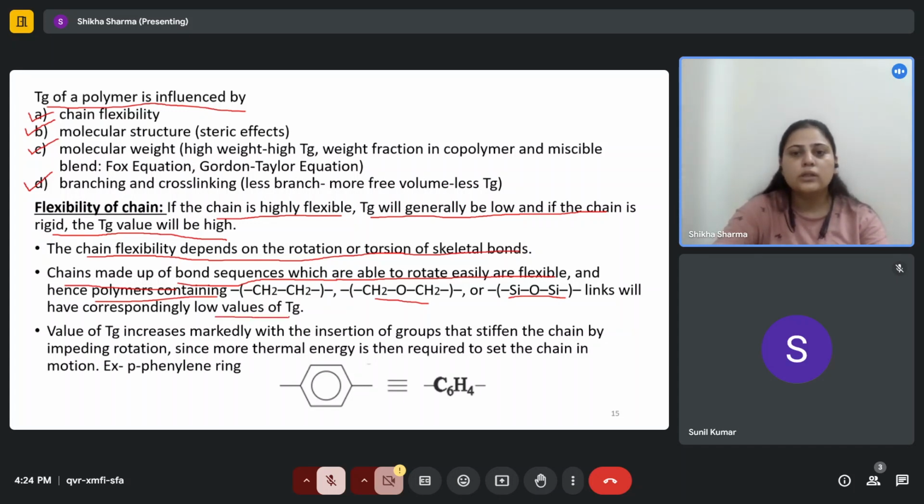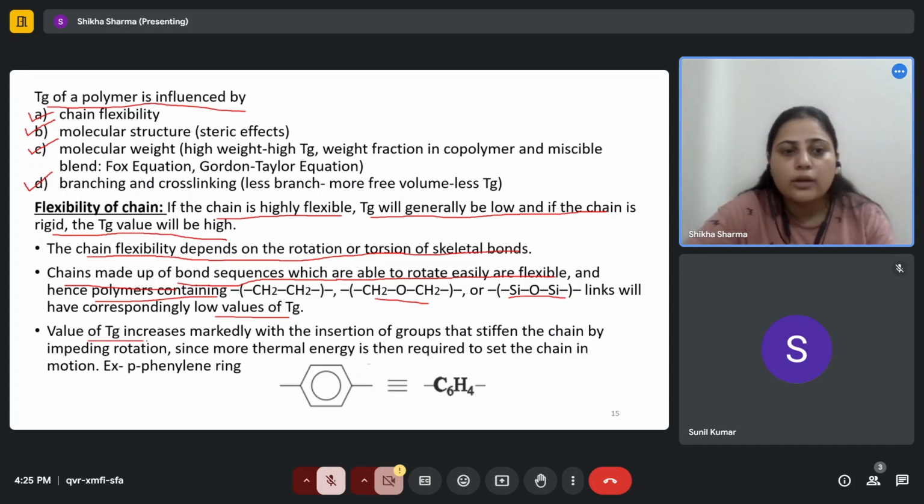So you understood? If there is more flexibility, that means there is more rotation of the bonds, right? Like CH2 bond, CH2O bond, Si-O-Si links, they will have a low Tg value.